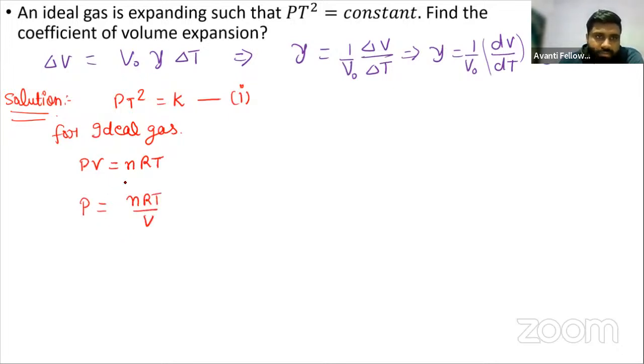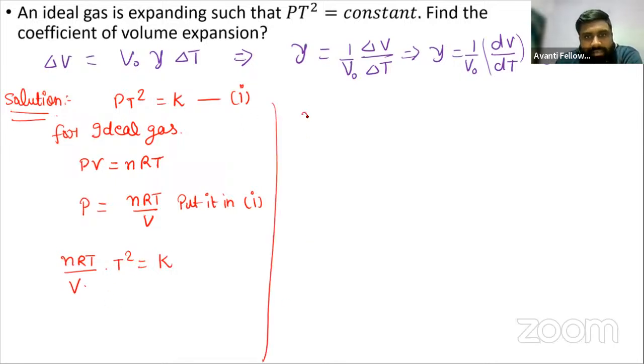Now put this value into equation 1. So what do you have? You have nRT upon V into T square, which equals K. So finally you will have nRT cube equals KV.